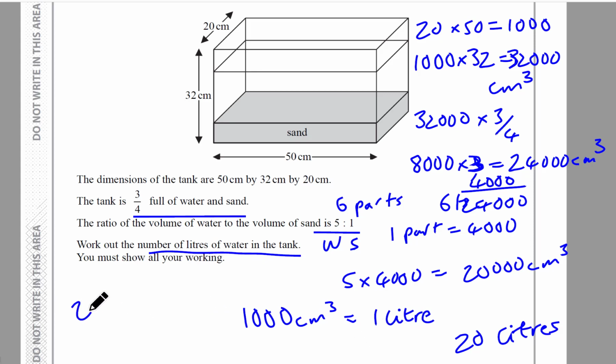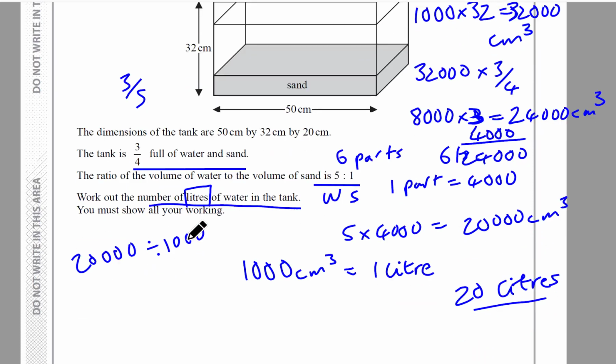So doing 20,000 divided by 1,000. So you can see so many students will only get 3 out of 5 marks here, and there's an extra 2 answer marks or working out marks again by reading and seeing that word litres there.